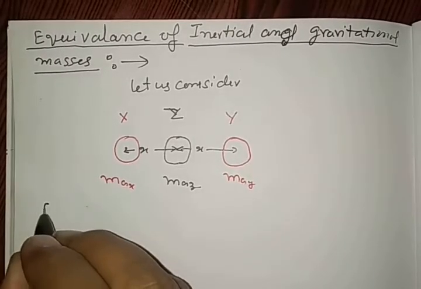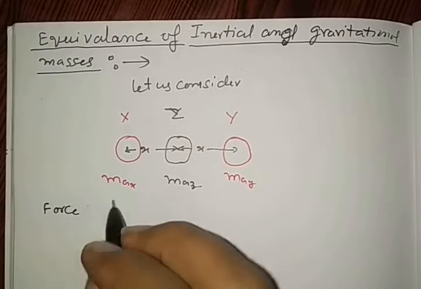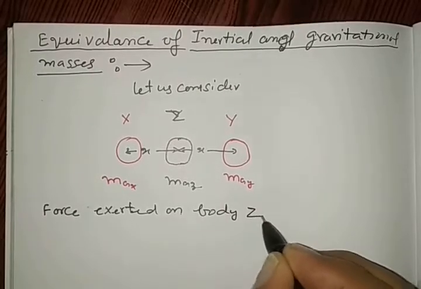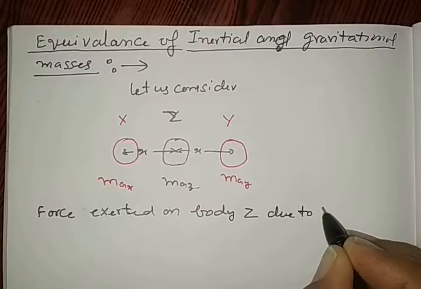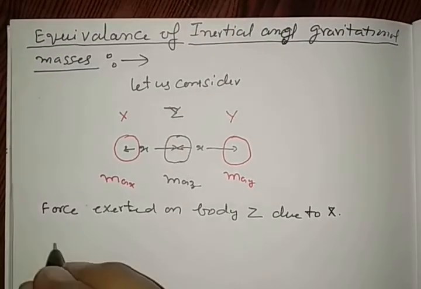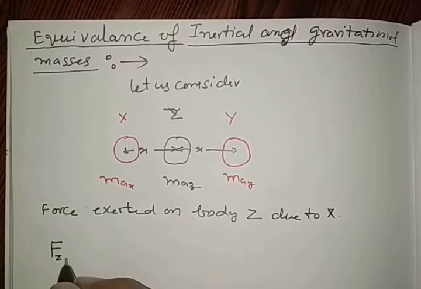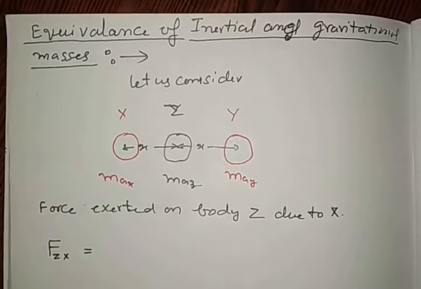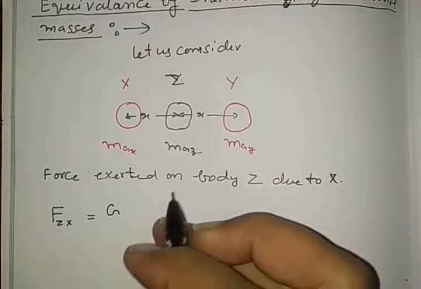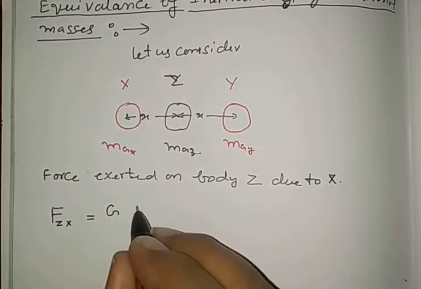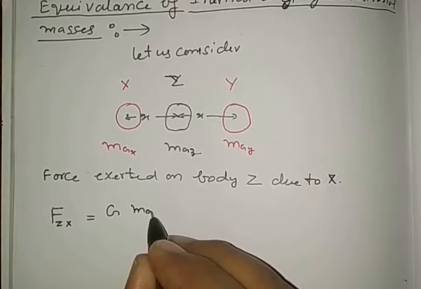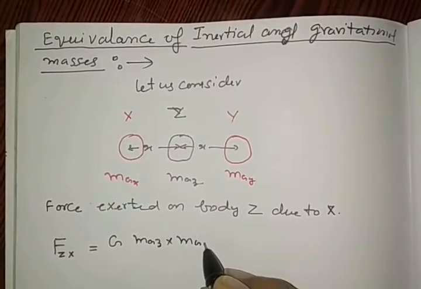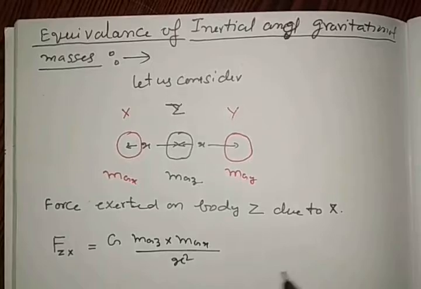We are going to see the force. This is the gravitational force exerted on body Z due to body X. This force experienced by Z due to X is given by the universal gravitation formula, G m1 m2: F_zx = G m_gz m_gx / x².